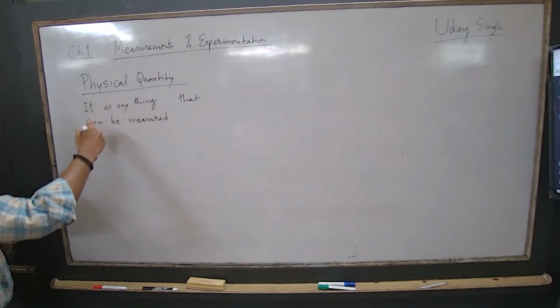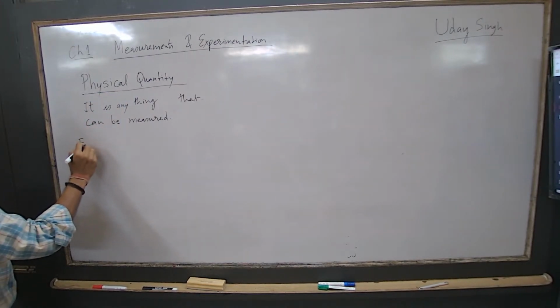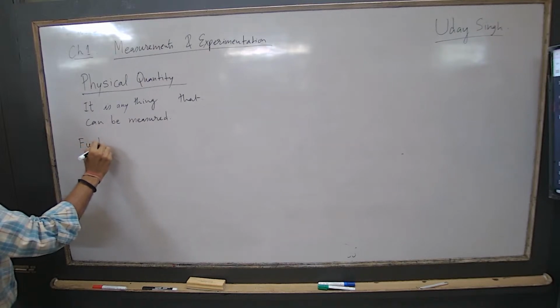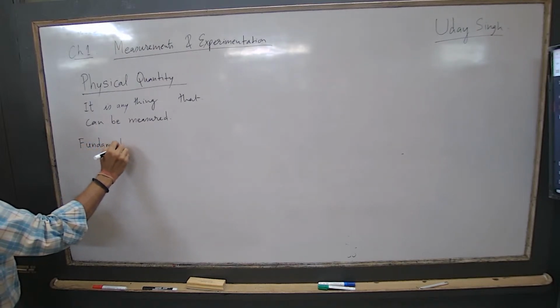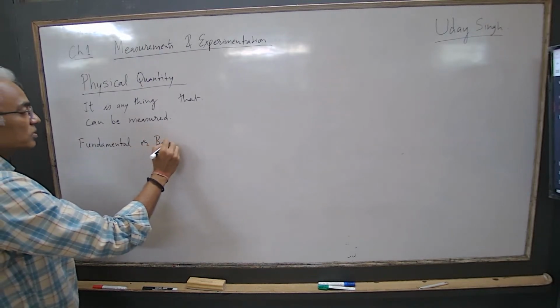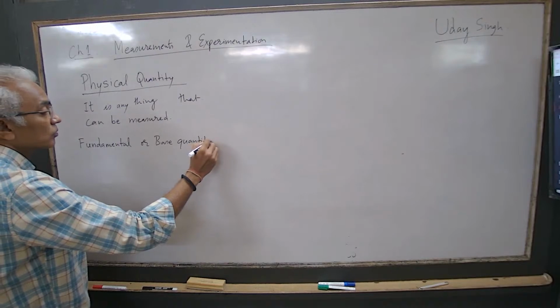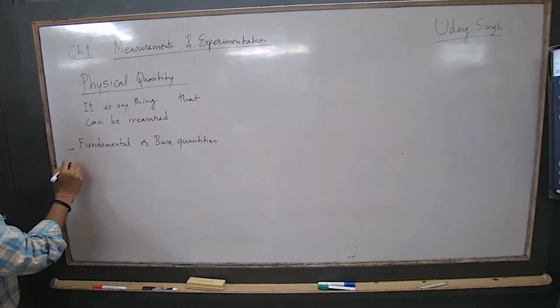Physical quantities are of two types: fundamental quantities or base quantities, and derived quantities.